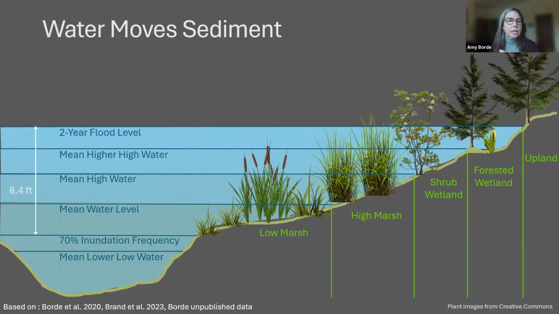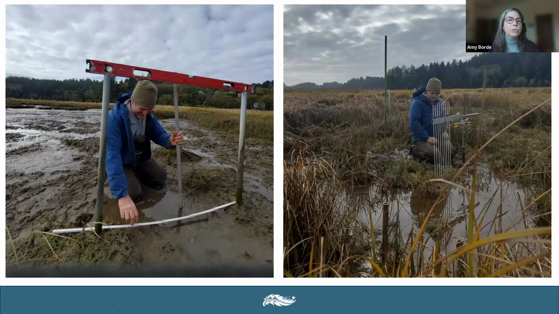So Helen mentioned the sediment accretion stakes that we use in our work. And I just wanted to mention that that method has been evaluated by some of our colleagues in the estuary and compared to a more robust system that is shown there on the photo on the right.